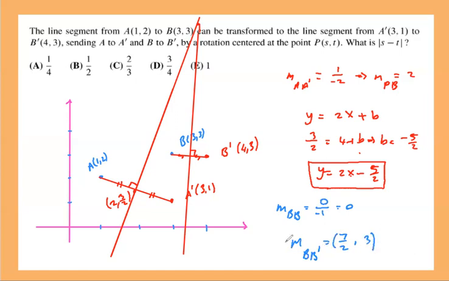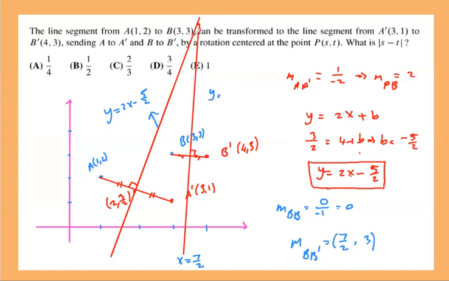The x coordinate is 7/2, which means this line is x equals 7/2. What we are trying to find is the intersection. We know the equation of this line, y = 2x - 5/2, and there is a line going through this way that is x = 7/2. If you plug this into the equation, we will find the y value.